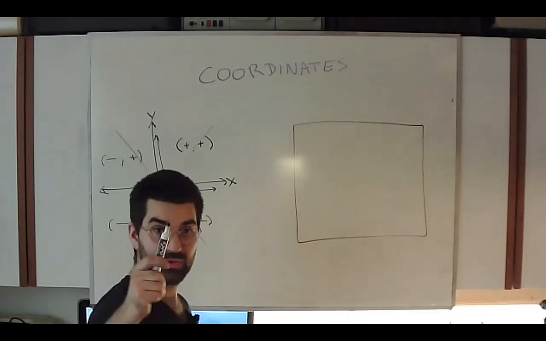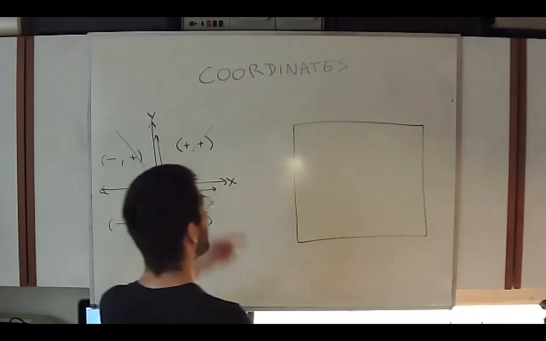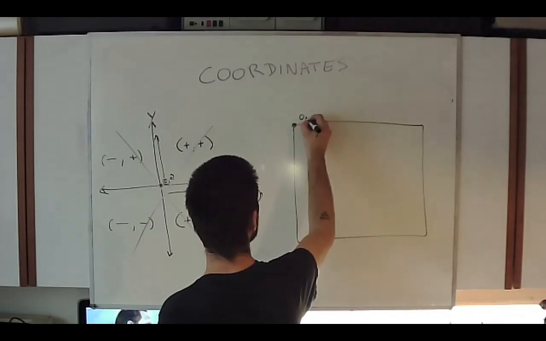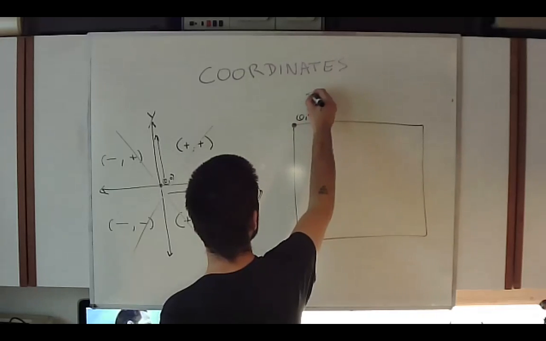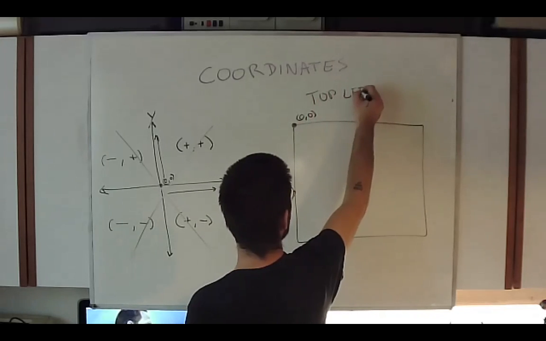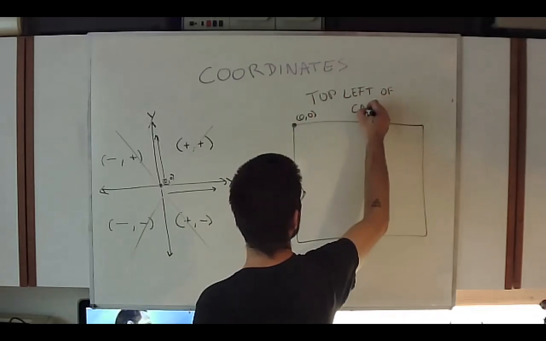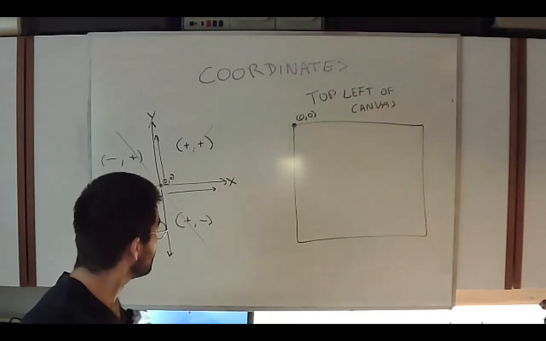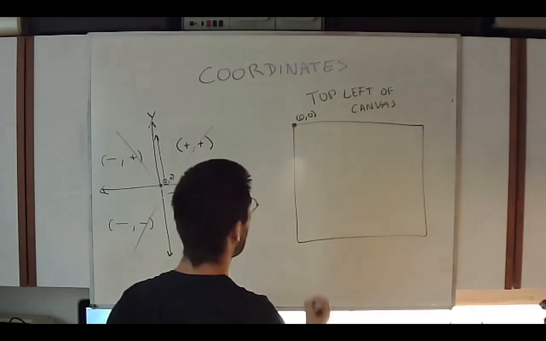It is 0, 0. That's correct. But on our screen, in our canvas, it's actually the top left of our canvas. Top left of canvas is our origin point.